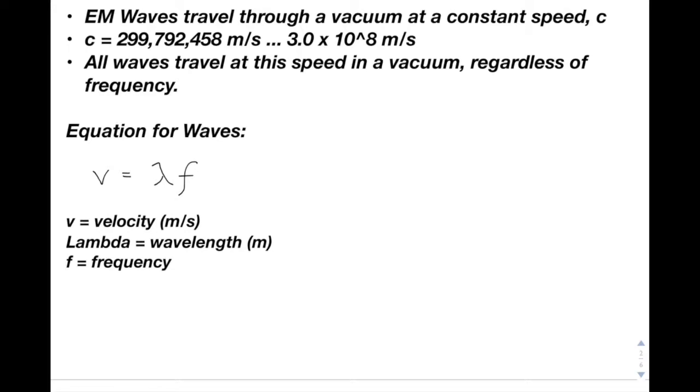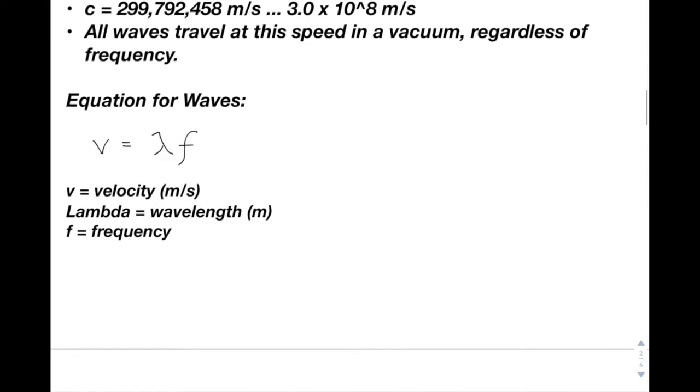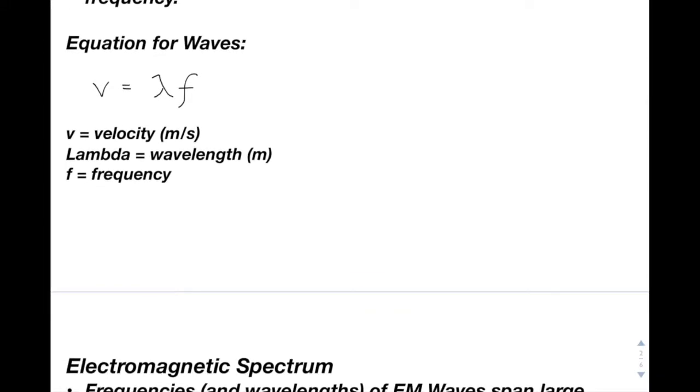So that means that you should use meters for lambda, or wavelength, and then hertz for frequency. And hertz is just equal to the inverse of seconds. So when you multiply the wavelength in meters times the frequency in the inverse of seconds, then you'll get meters per second. So be sure to convert your units to meters and seconds.